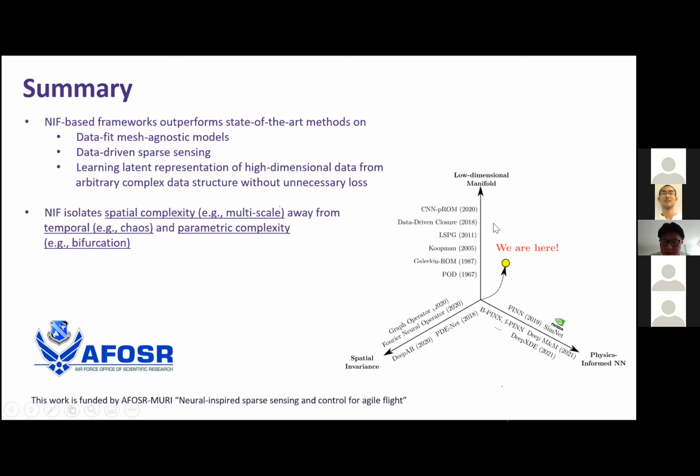As you can see in the bottom right figure, there are three families of methods. On the bottom left is mostly the spatially invariant family of methods, based on convolutional neural networks, for example PDE-Net proposed by Yuping Lu and Zichao Long from Peking University, in Professor Bin Dong's group, or DeepAR from Zabaras' group. They all use convolutional neural networks as their main machinery.